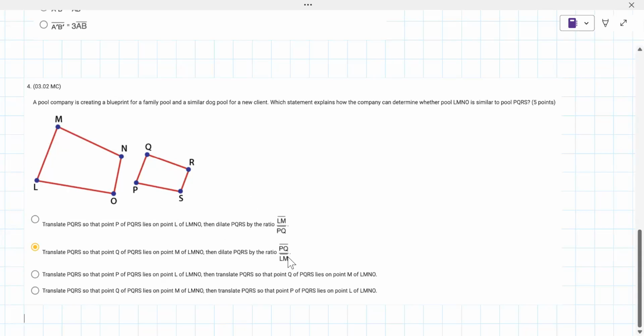So is the ratio of PQ over LM going to make it bigger or smaller? You could pick numbers, like if that's 2 and that's 4, that's 1/2. So if you dilate PQRS, it's going to get smaller. So I believe the first one would be the better choice. Let me know if I'm missing something.